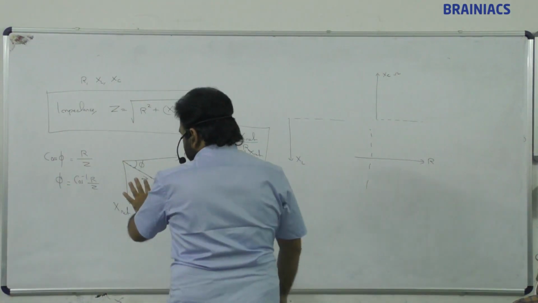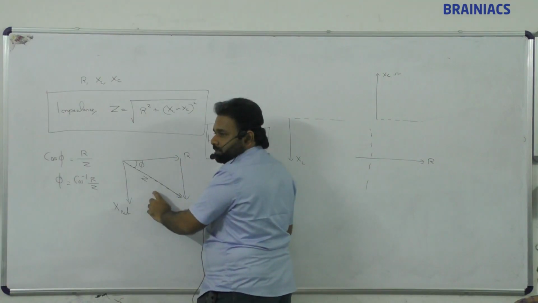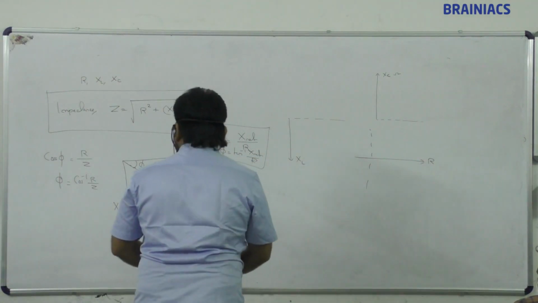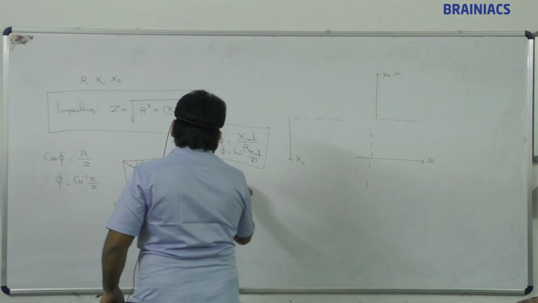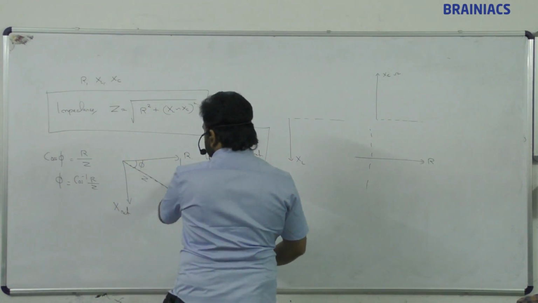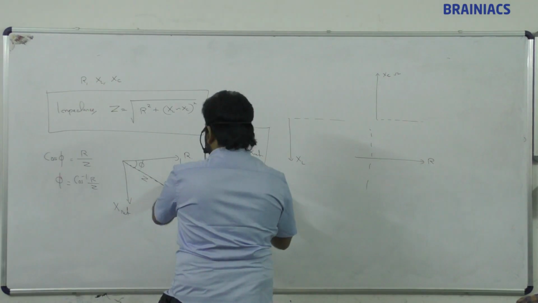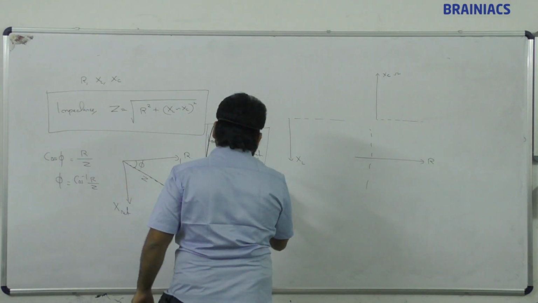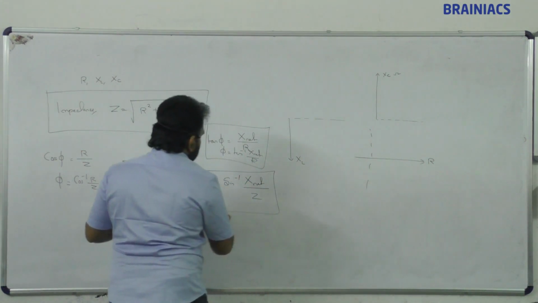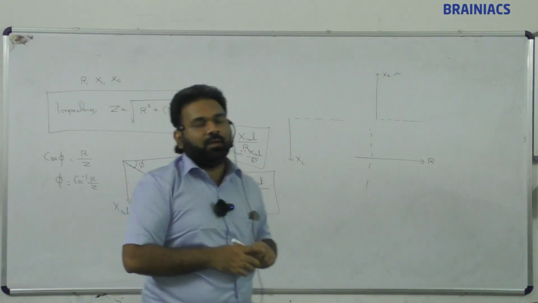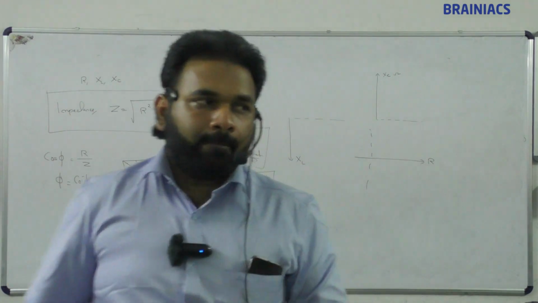They don't usually ask to that extent, but if they ask, phi is equal to sin inverse of net reactance divided by impedance. Based on the available data we can play.